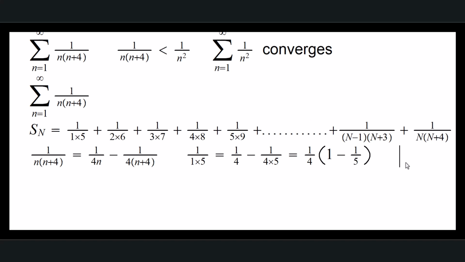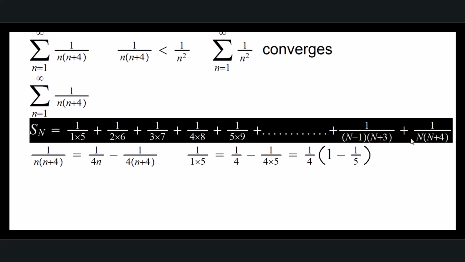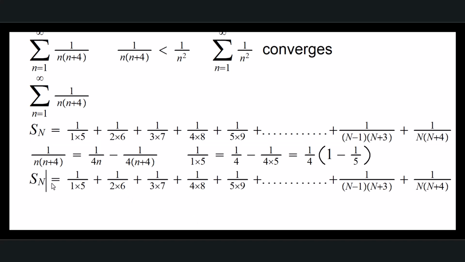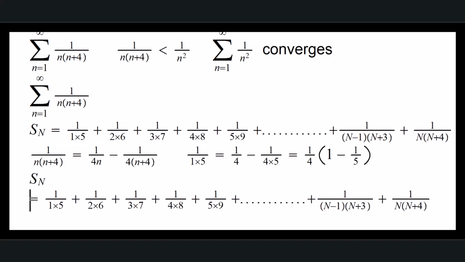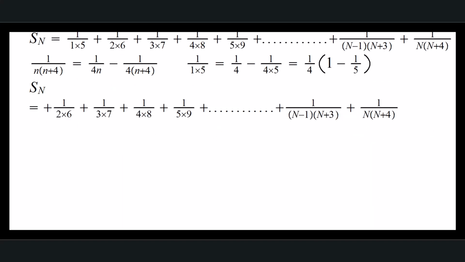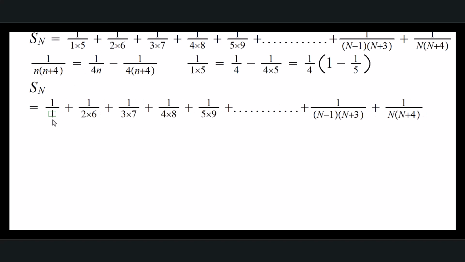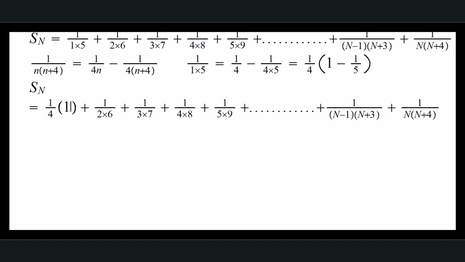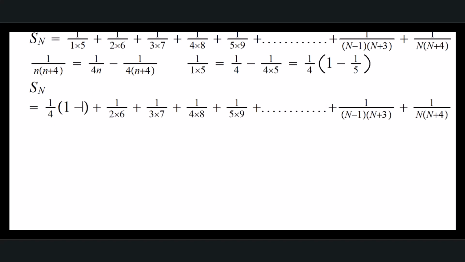So you can now go ahead and expand the entire Sn in this manner, and I'm going to do this here. Let me write it in the next line. This changes to, as you saw, 1 over 4 times 1 minus 1 over 5.